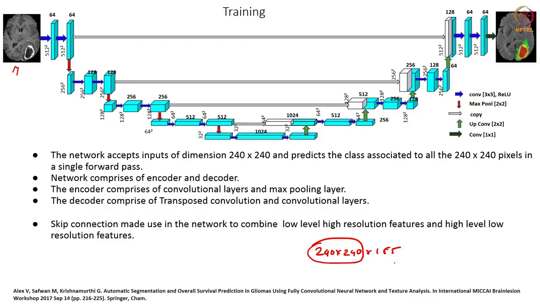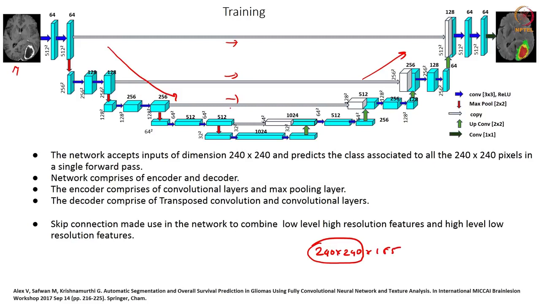This is a typical UNet architecture that we have seen earlier. It takes as input 240 cross 240 and predicts the class associated with all of the pixels. It has an encoder and decoder type of architecture. This is the downsampling layer and this is the upsampling layer, and there are skip connections, or shortcut connections, from the downsampling layer to the upsampling layer in order to improve your resolution.